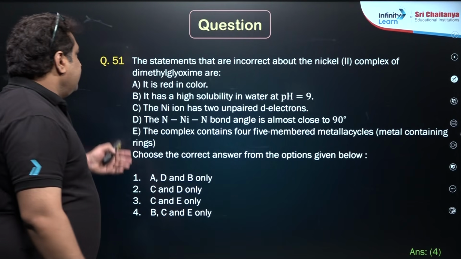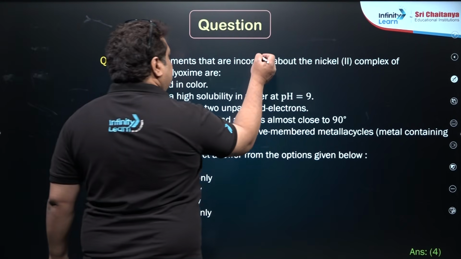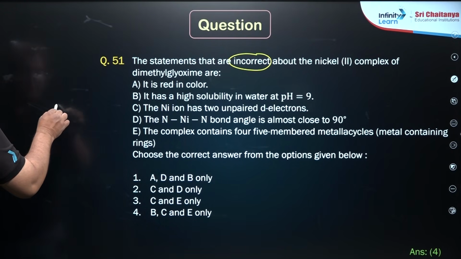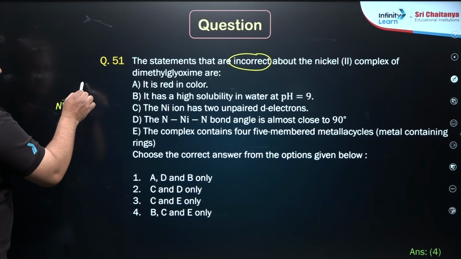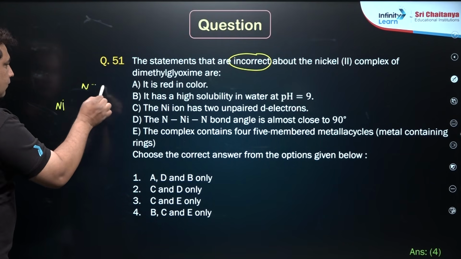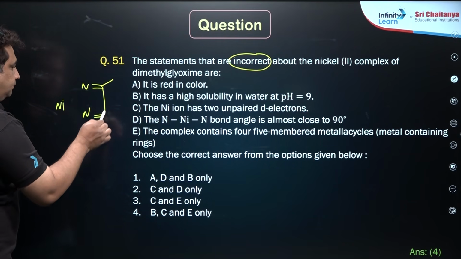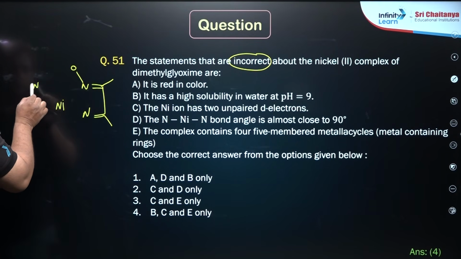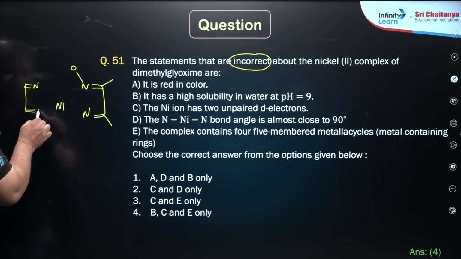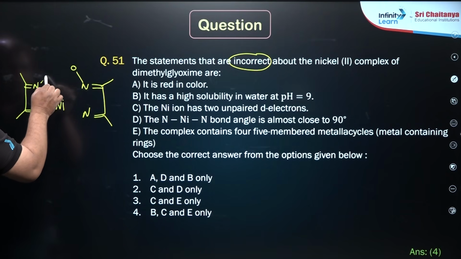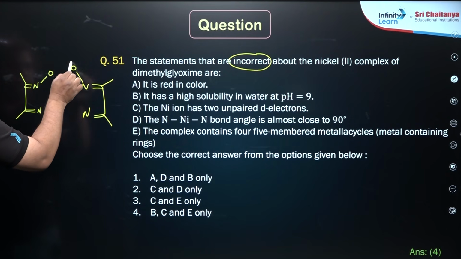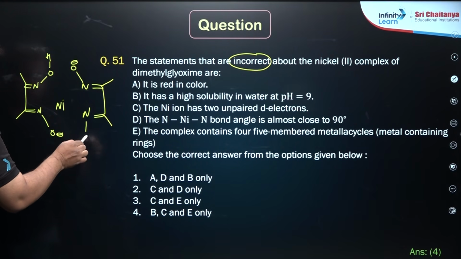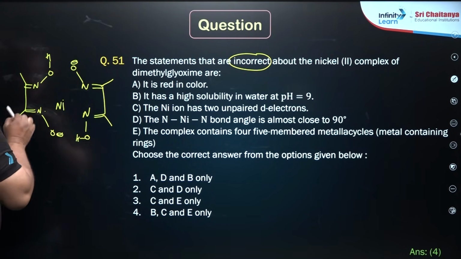Now dear students, the statements that are incorrect about nickel 2 complex of DMG. So everyone, you should see DMG is dimethyl glyoxime. Let me draw the structure. Okay.